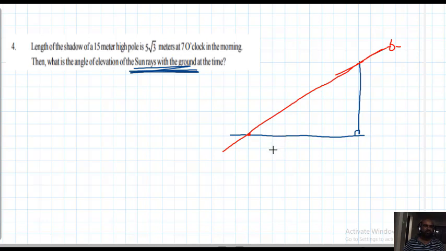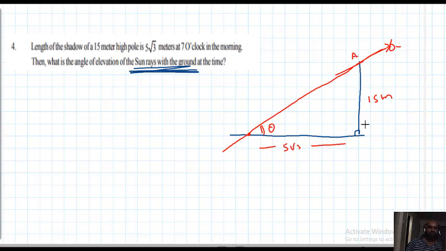So given that the shadow of the pole is 5√3 and the pole length is given as 15 meters, you want to find this angle, the angle of elevation of the sun rays with the ground at 7 o'clock. You want to find the angle theta.